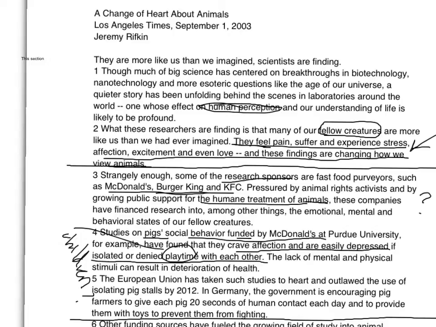Though much of big science is centered on breakthroughs in biotechnology, nanotechnology, and more esoteric questions like the age of our universe, a quieter story has been unfolding behind the scenes in laboratories around the world, one whose effect on human perception and our understanding of life is likely to be profound. What these researchers are finding is that many of our fellow creatures are more like us than we ever imagined.